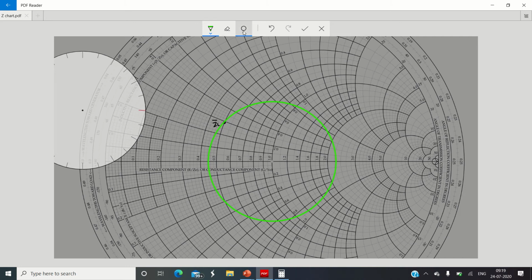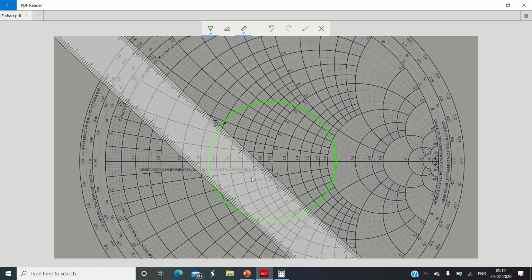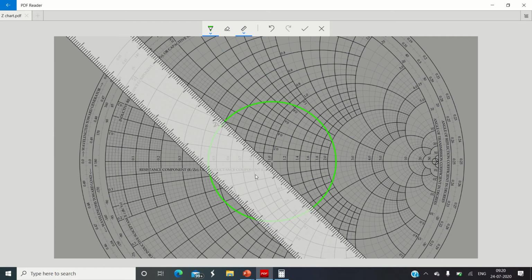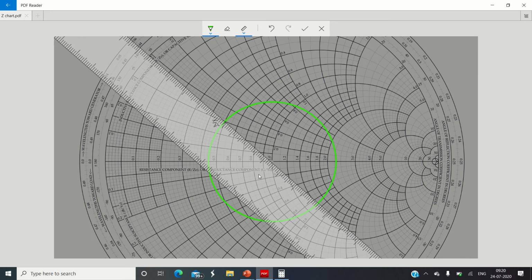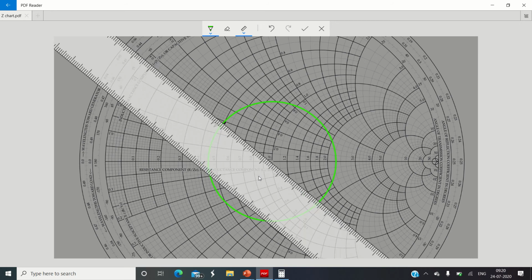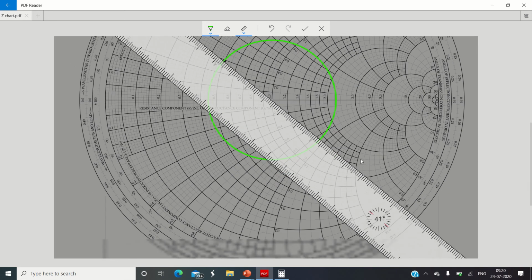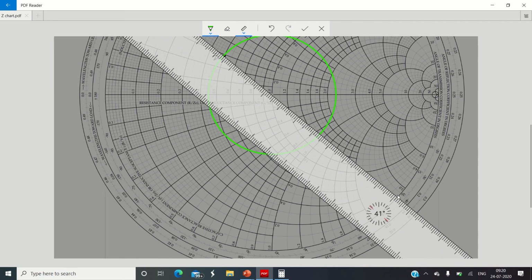You take the scale, or ruler, and connect the center of the Smith chart with the ZL bar point, and extend the line on the opposite side till it intersects the outer periphery of the Smith chart.